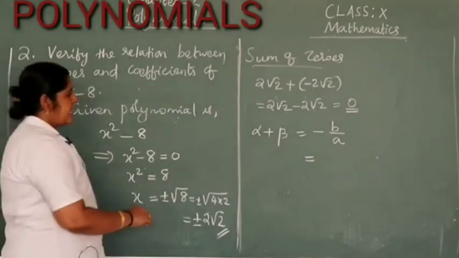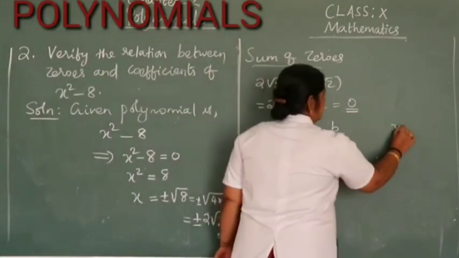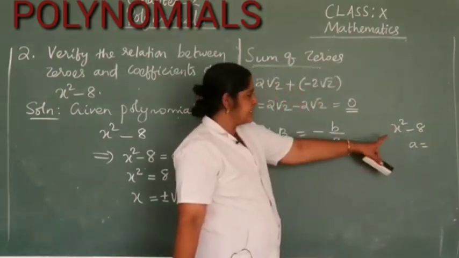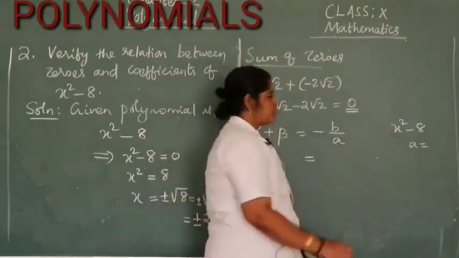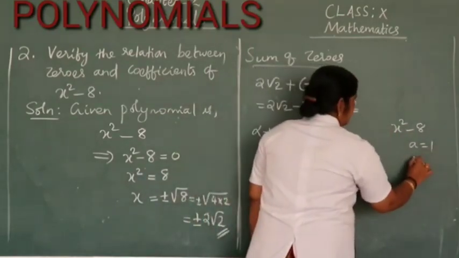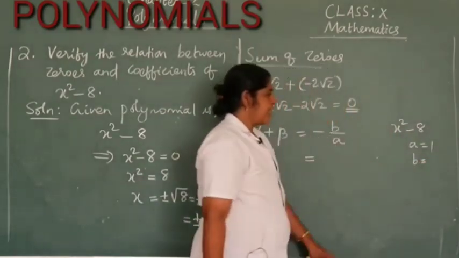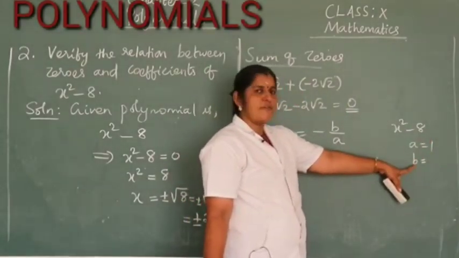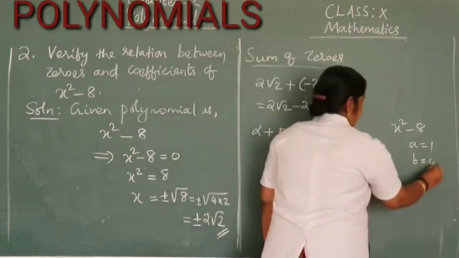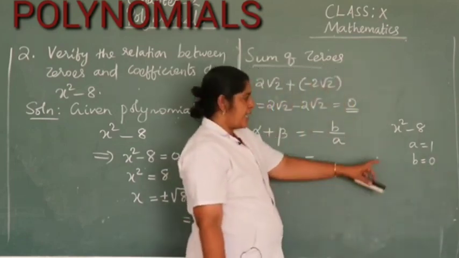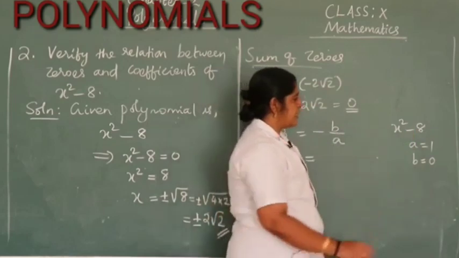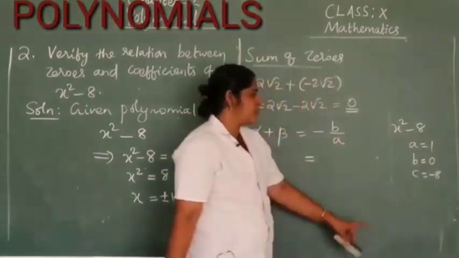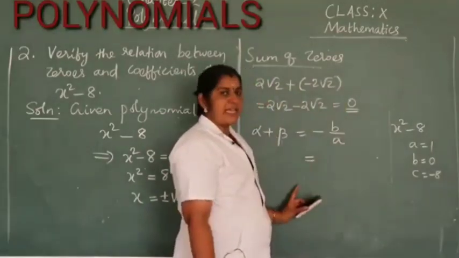What is the value of a? The x square coefficient is 1. And here what is the value of b? Because the x term is absent, the coefficient of x is equal to 0. Understand? And now the constant term c is minus 8.